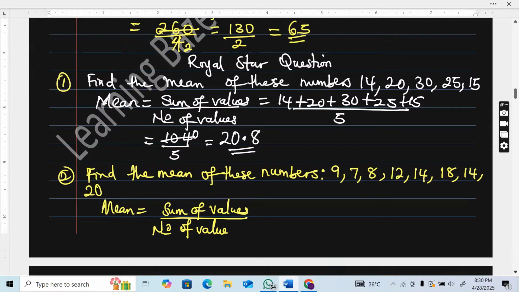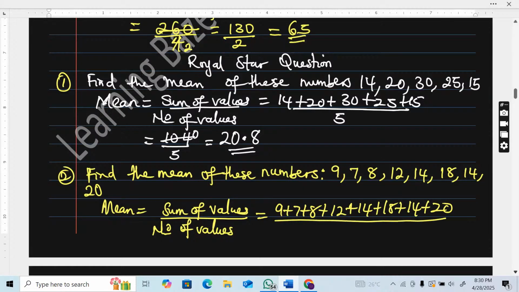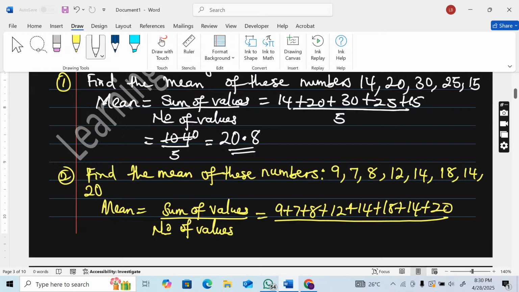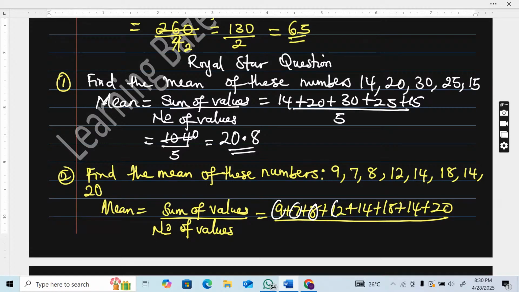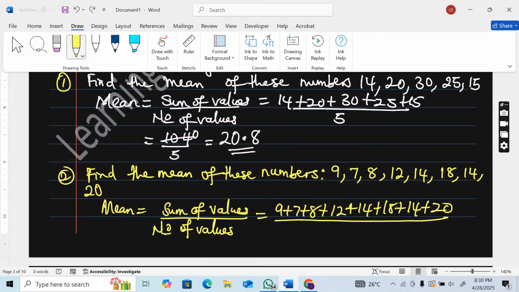So we are going to add up all the numbers: 9 plus 7 plus 8 plus 12 plus 14 plus 18 plus 14 plus 20, divided by, let's count all the numbers that are available there. 1, 2, 3, 4, 5, 6, 7, 8. So we have 8 numbers here, so that will be divided by 8.